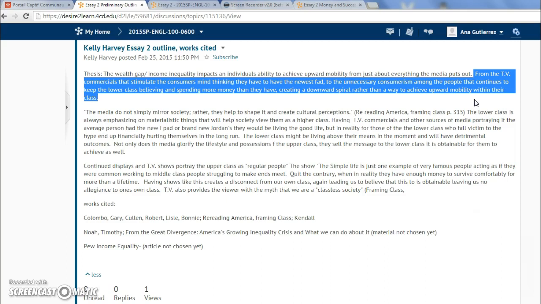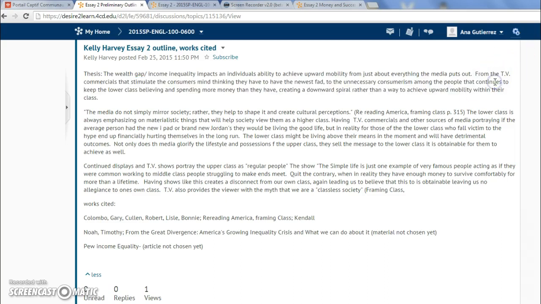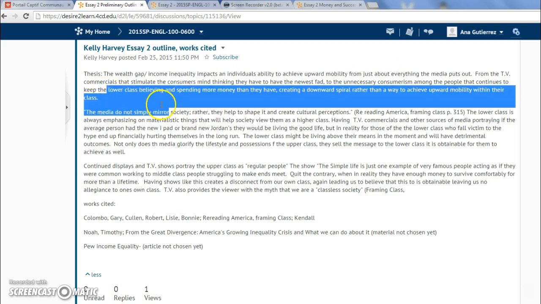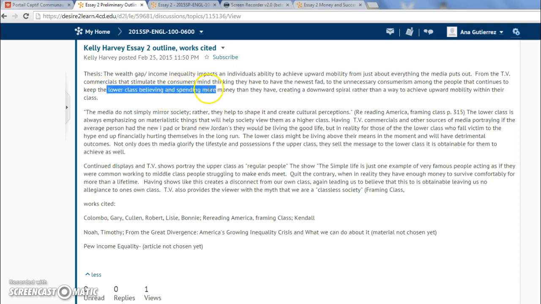What I would suggest is that you break up that run-on sentence into smaller sentences. Focus on, what are you trying to say here? On the one hand, you're saying that there's this idea about consumerism and TV and fads and unnecessary consumerism. And then here you're actually talking about social class believing and spending more money than they have.